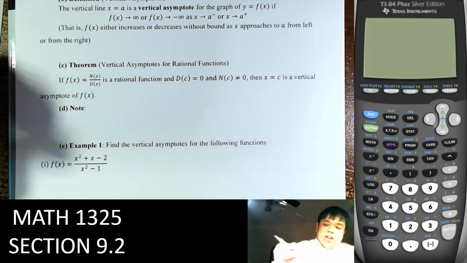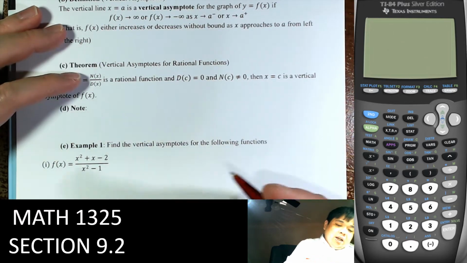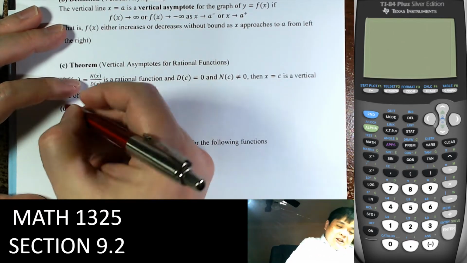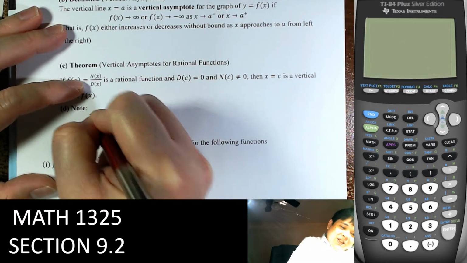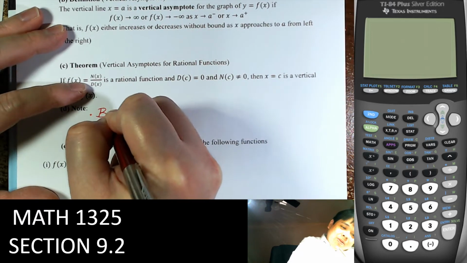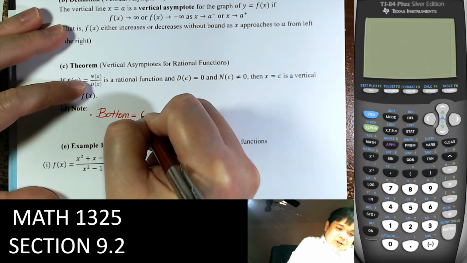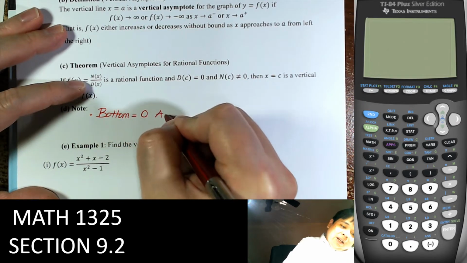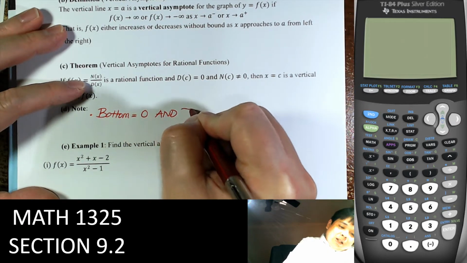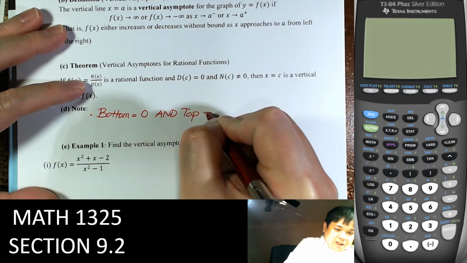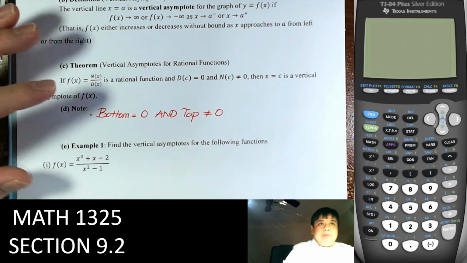So loosely speaking, we just say the bottom equals 0, but the top is not. We need both of them.